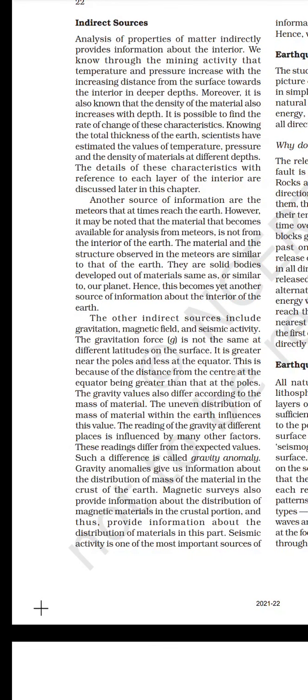It is possible to find the rate of change of these characteristics knowing the total thickness of the earth. Scientists have estimated the values of temperature, pressure, and the density of materials at different depths. The details of these characteristics with reference to each layer of the interior are discussed later in this chapter.